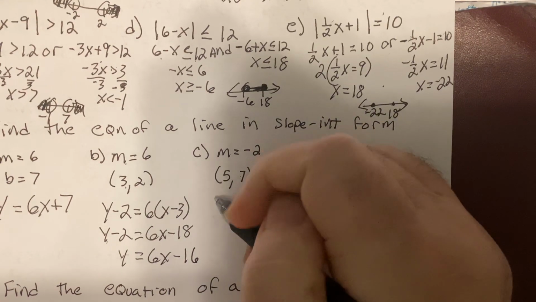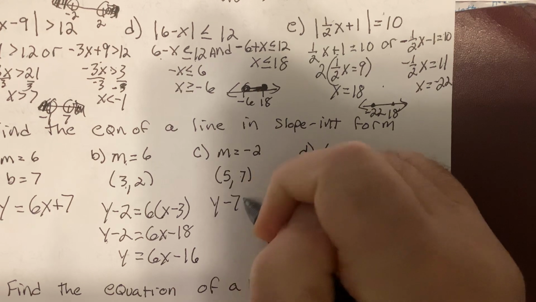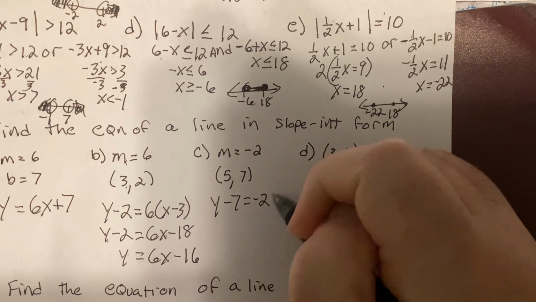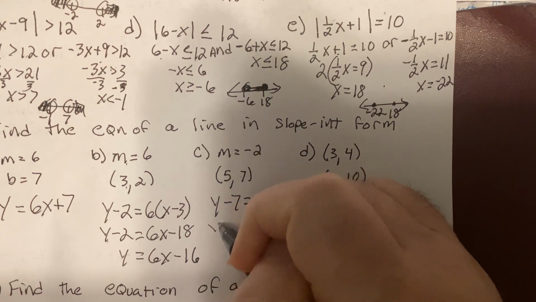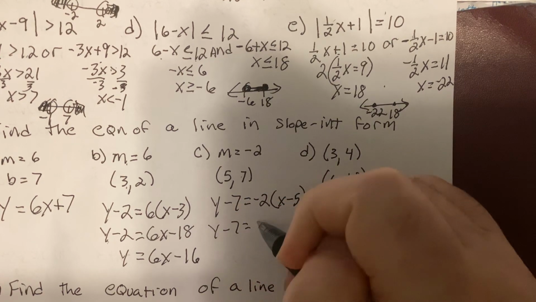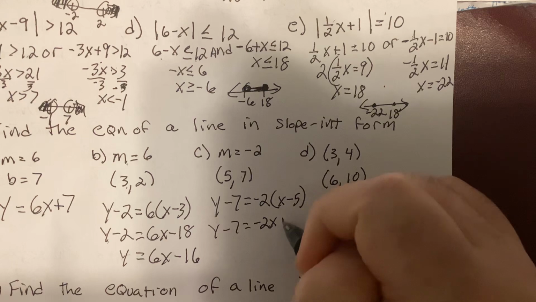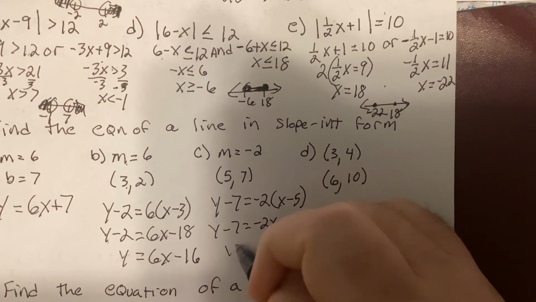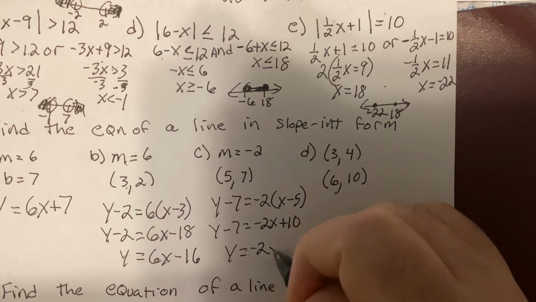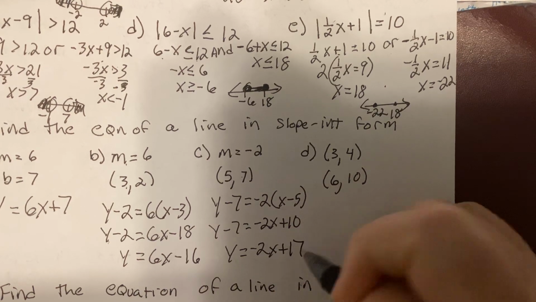So this one, y minus 7 equals negative 2 times x minus 5. So y minus 7 equals negative 2x plus 10. So add 7, y equals negative 2x plus 17.